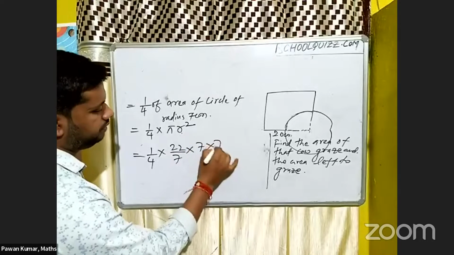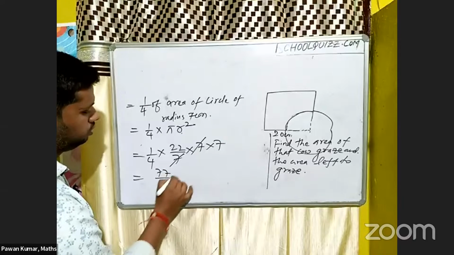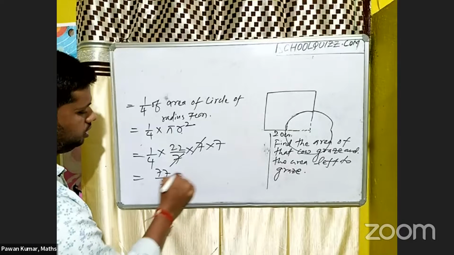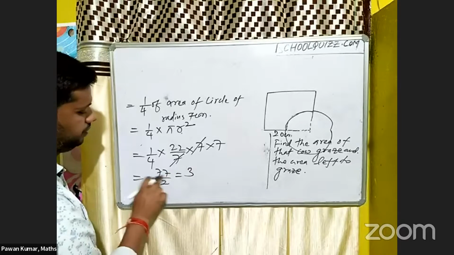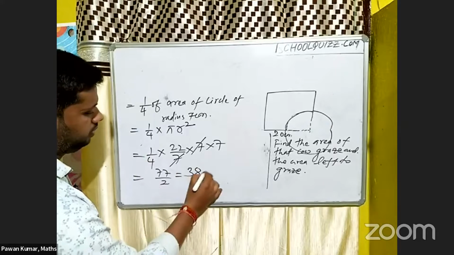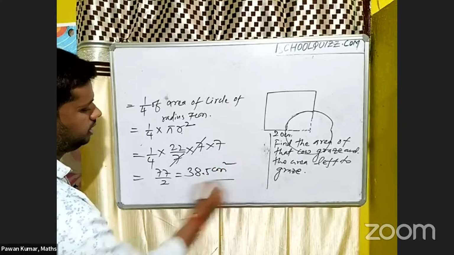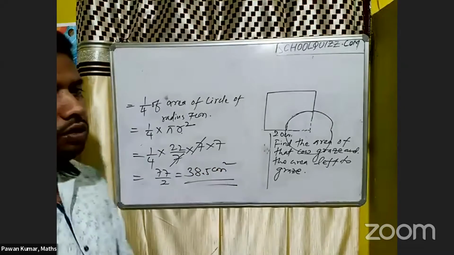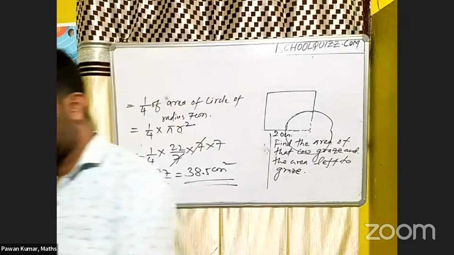So square means 7 into 7. How much? 38.5, sir. So this is 77/2, so this is nothing but 38.5 centimeter square. That area that cow grazed there.